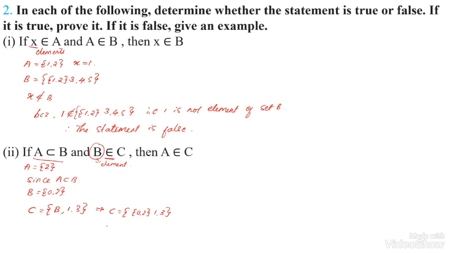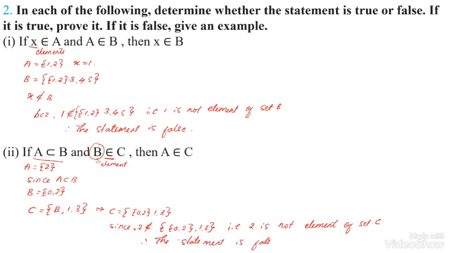No. Since 2 does not belong to the set {0, 2, 1, 3}, that is, 2 is not an element of set B, 2 is not an element of set C. Therefore, the statement is false.